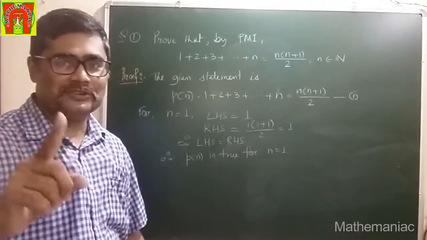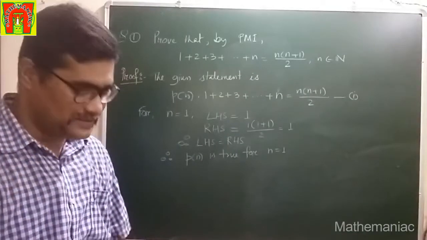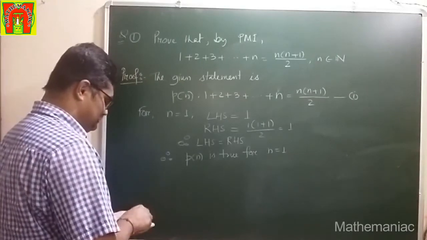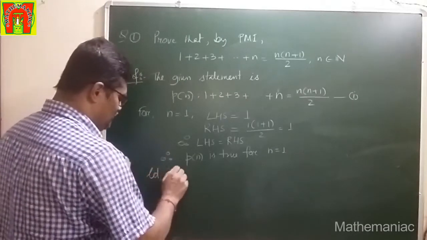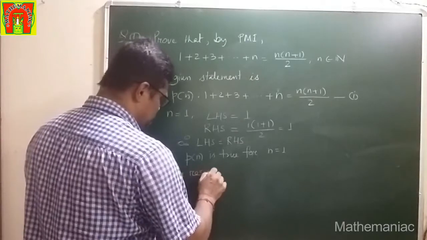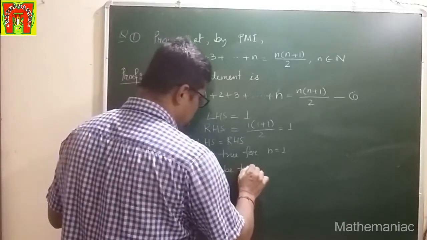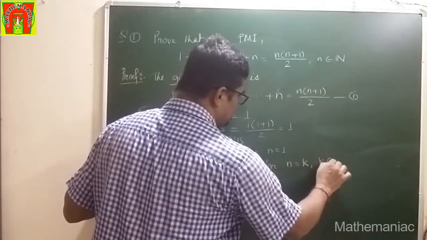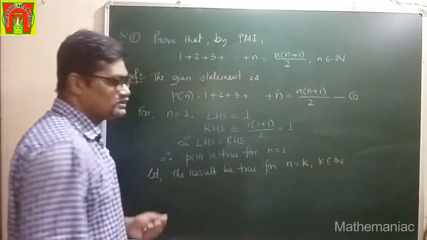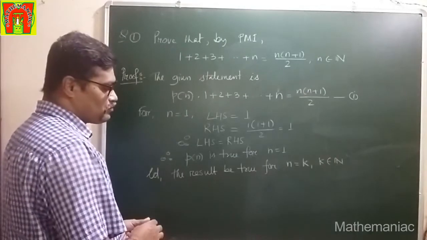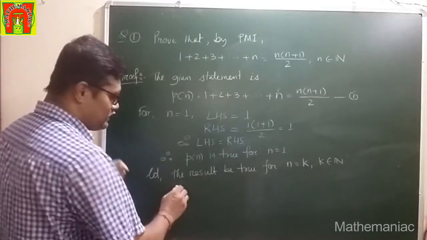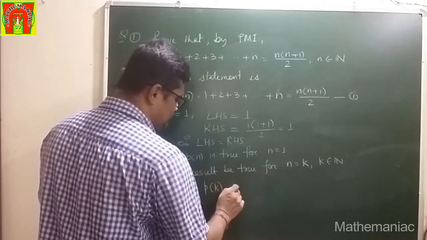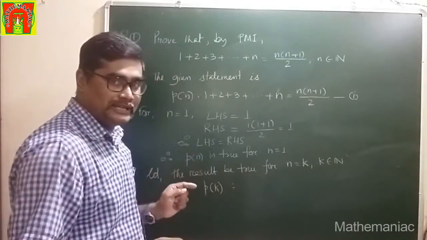Now we'll go for the hypothesis. That means we'll now go for the supposition step. What is the supposition step? Let the result be true for n equal to k, where k is some positive integer or natural number, you can say. If it is true, Pk, in place of n we will be getting k.